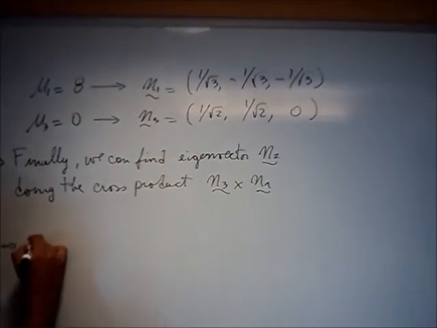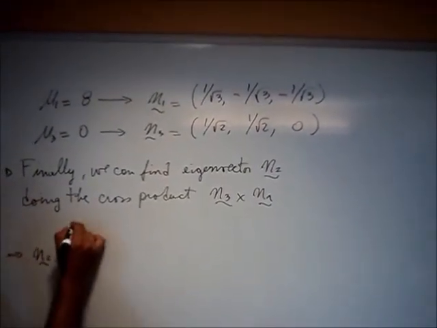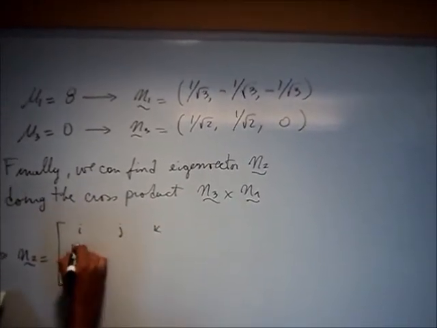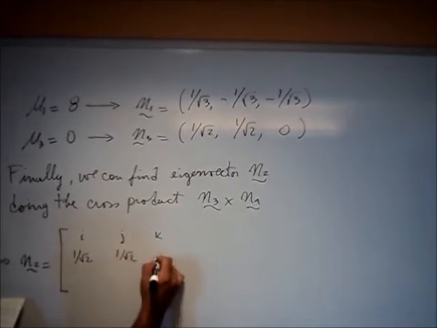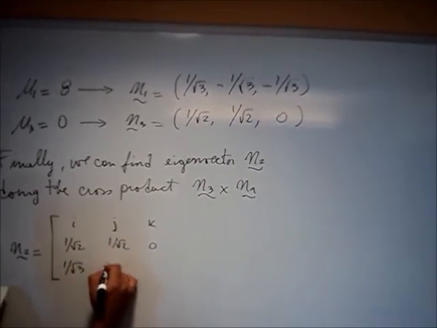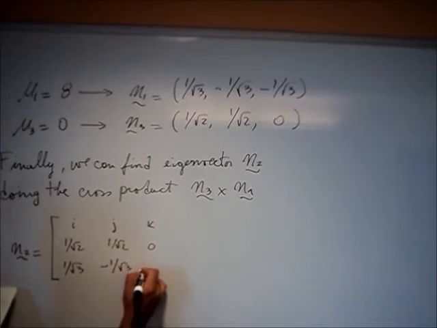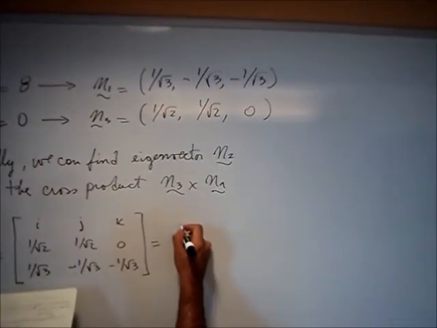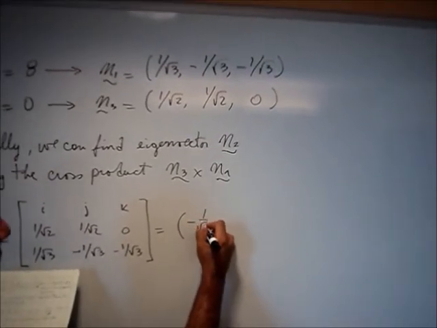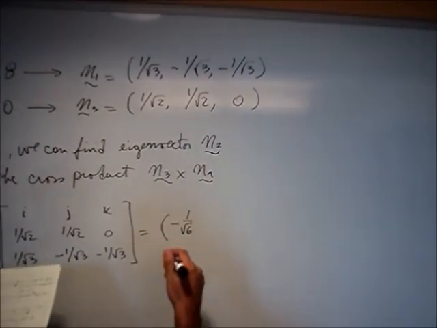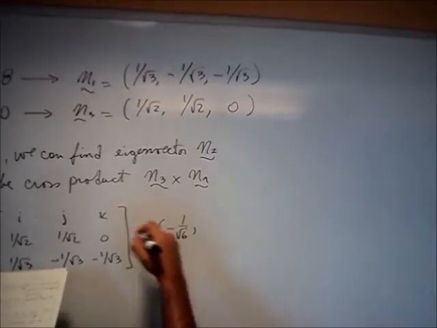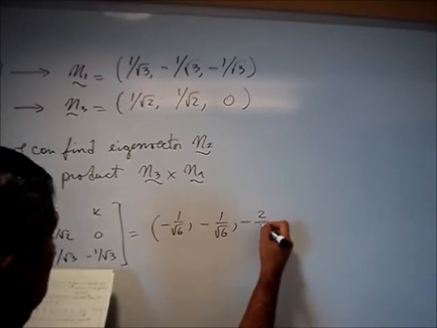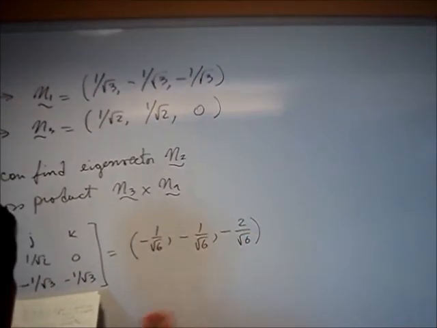Then that will be equal to, which gives us, 1 over square root of 6, negative, minus 1 over square root of 6, and minus 2 over square root of 6.